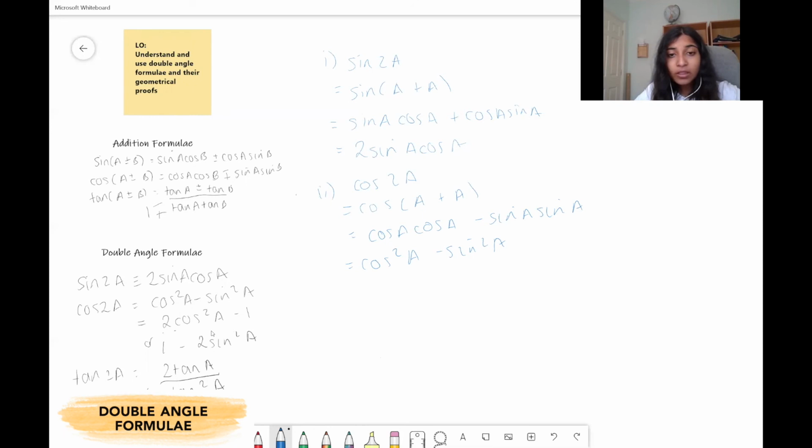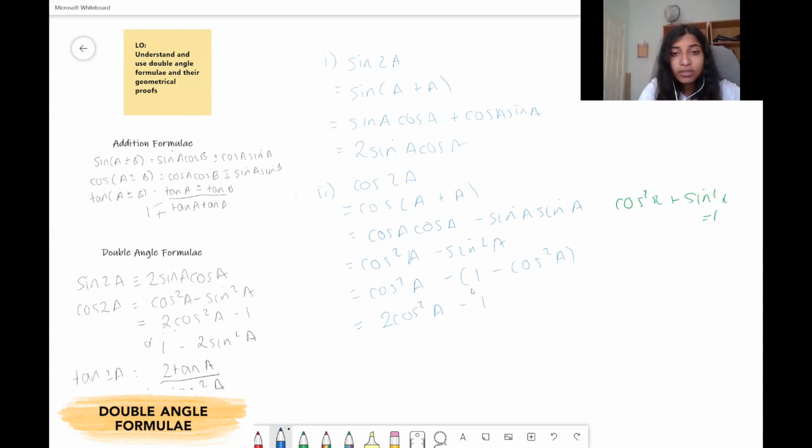The first one is in terms of cos squared A. We can use our formula that cos squared plus sin squared is just equal to 1. So that's cos squared A minus (1 minus cos squared A). If you remember from last time, cos squared x plus sin squared x is just equal to 1. Then if we simplify this further, that would just be 2 cos squared A minus 1.